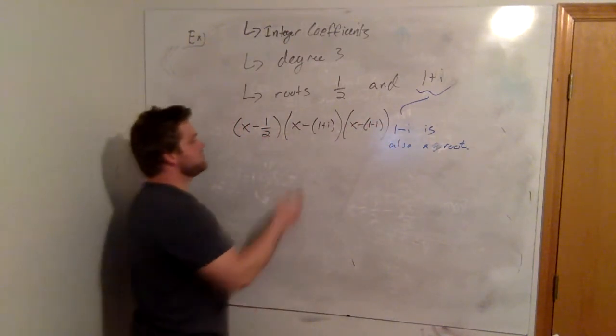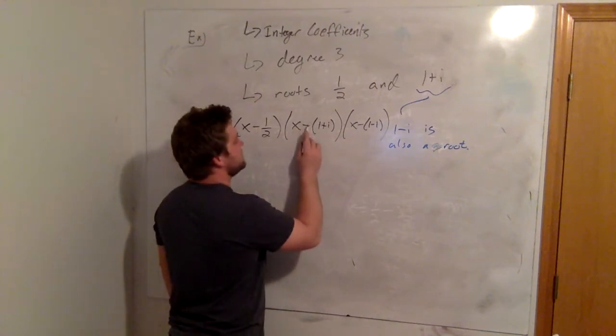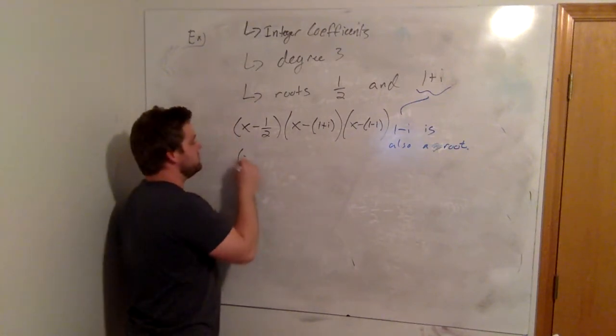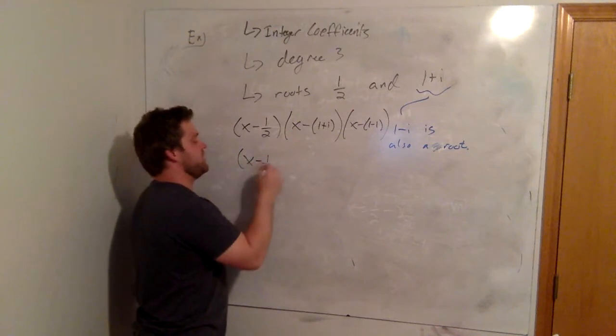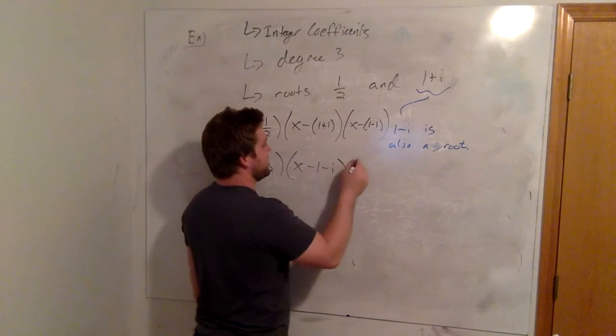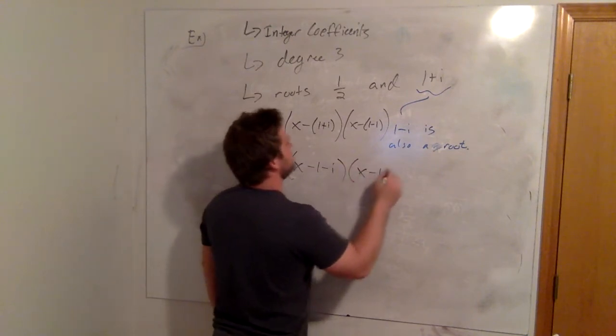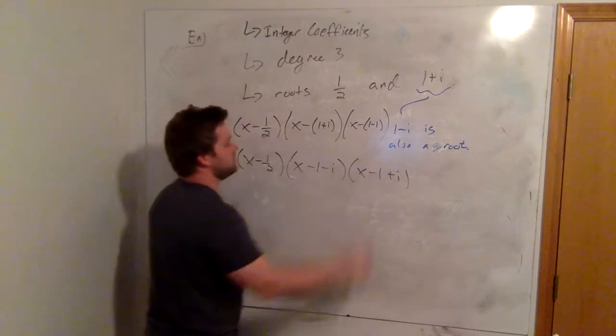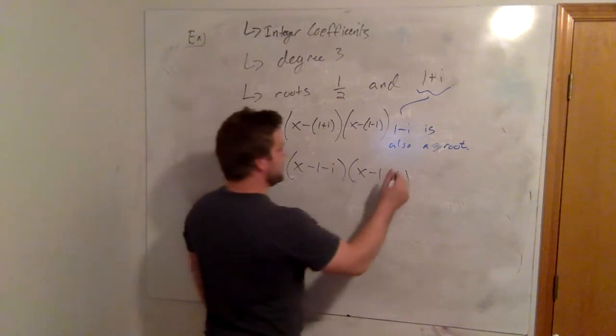Again, oftentimes the book likes the negatives to be distributed. So x minus 1/2 times x minus 1 minus i times x minus 1 plus i, when I distribute in those minus signs.